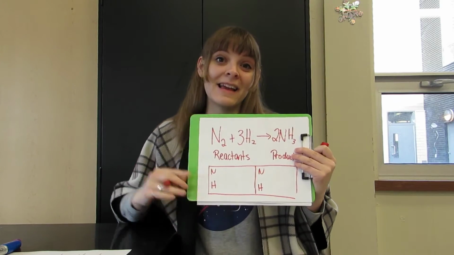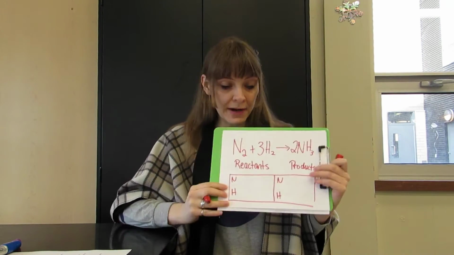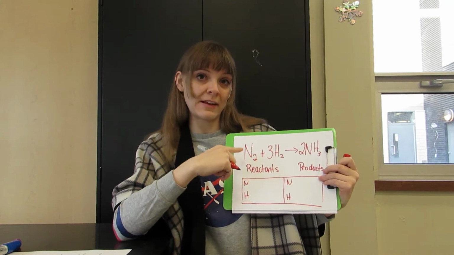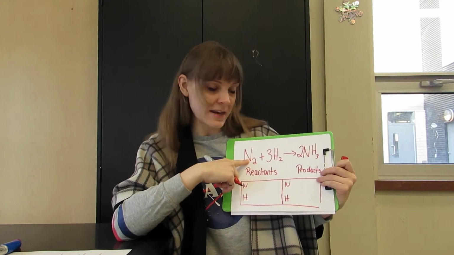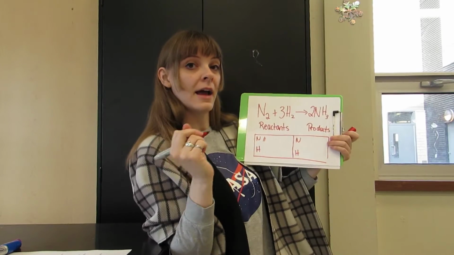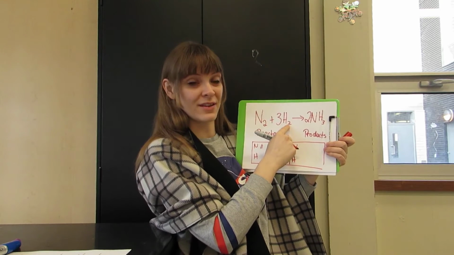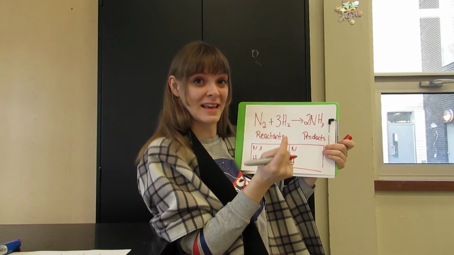Now we're going to go ahead and count each atom on each side. So we're going to count that there are 2 nitrogens right here on the side. And if we count, there are 2 hydrogens, but we have 3 molecules. So when we count this particular one, we are going to say we have 3 times 2 hydrogens. 3 times 2 will give us 6.